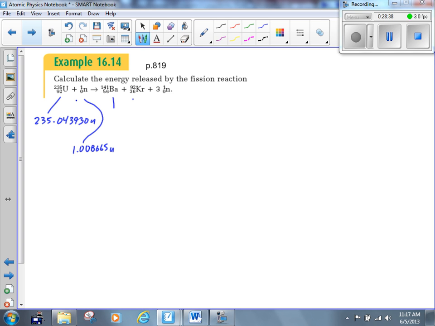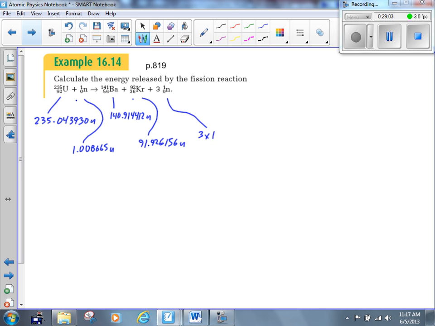Barium is 140.914412 atomic mass units. Krypton is 91.926156 atomic mass units. And a neutron is 1.008, but we've got 3 of them.